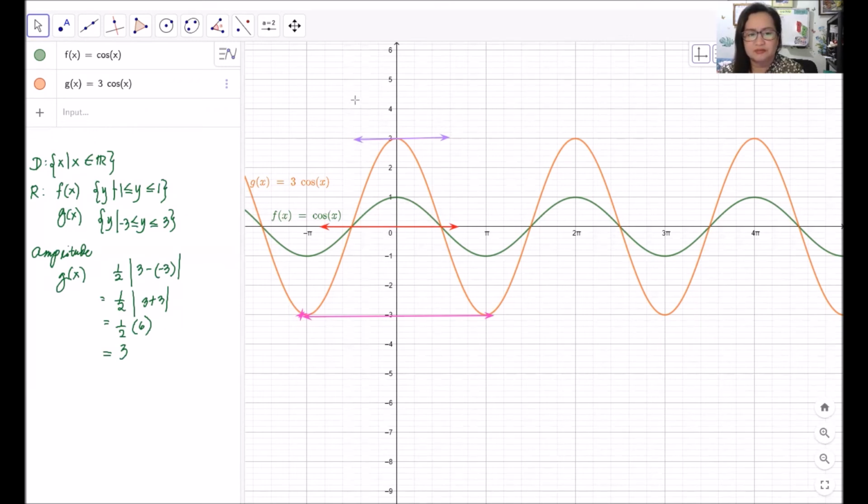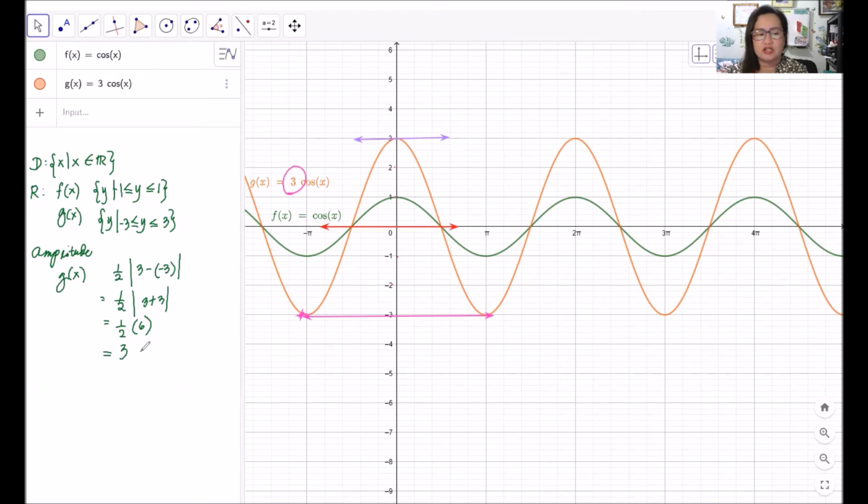We count from the midline 1, 2, 3. There are 3. Going down, we also have 1, 2, 3. So hence, changing the value of a will mean a change in the range and the amplitude of the given function.